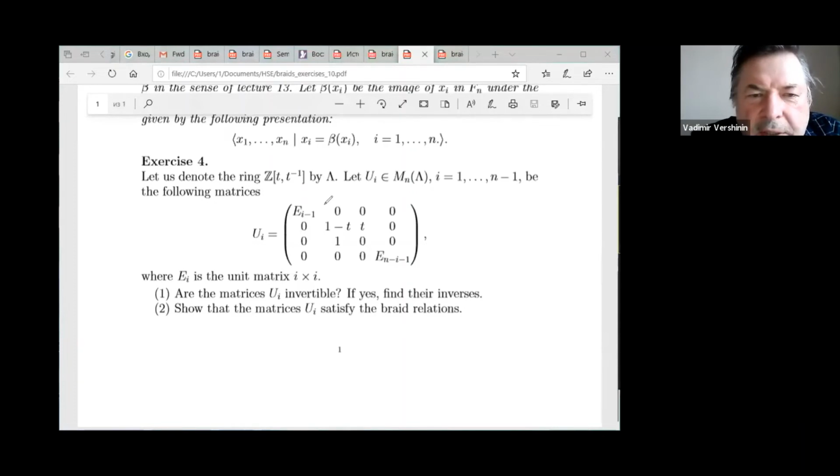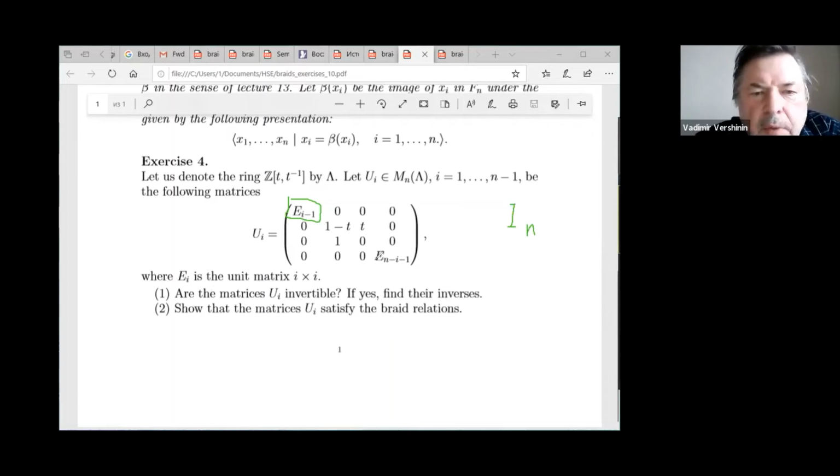By the way, Natalia, is it the usual notation for the unit matrix for you? E, or are you more accustomed to I, say I_N? Okay. Anyway, it's okay.